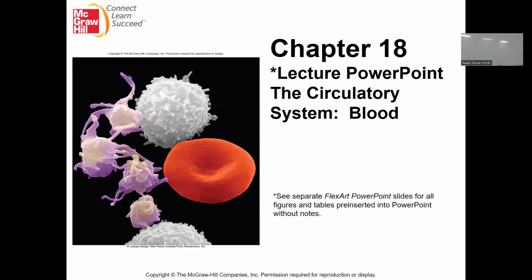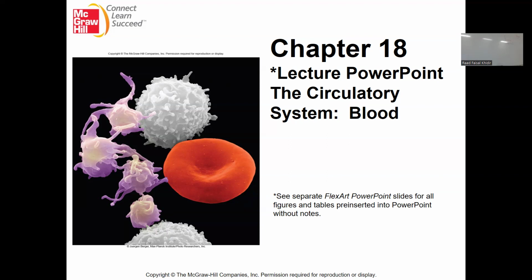So what's fluid? What's liquid? Like between solid and gas. So a fluid is both a liquid and a gas. So all gases are fluids, all liquids are fluids, but not all fluids are gases.